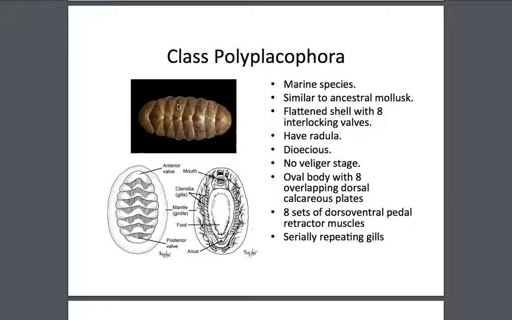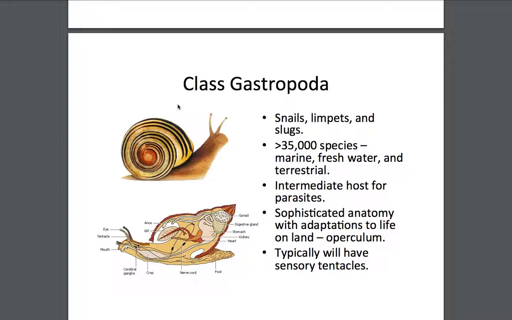So it almost looks like a specialized segmentation beginning. Remember segmentation, serial repetition of the body parts, right? Serial repetition of individual gills that are associated with serial repetition of musculature attached to each of the serially repeating shell plates. Polyplacophora.